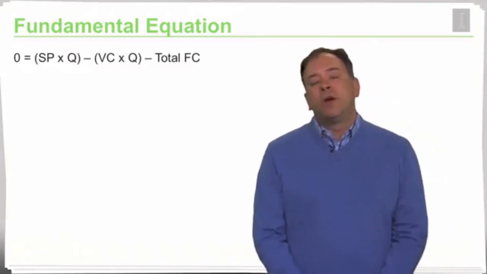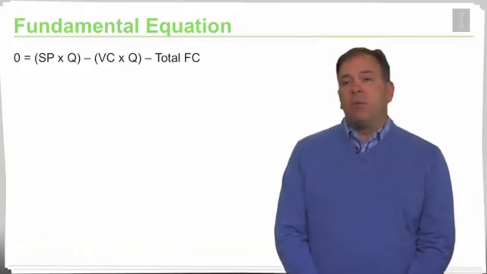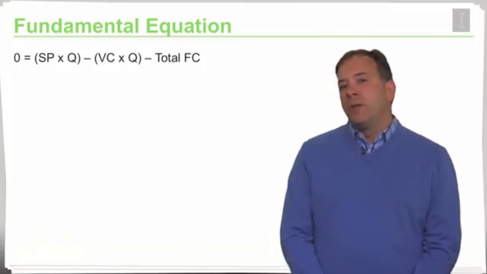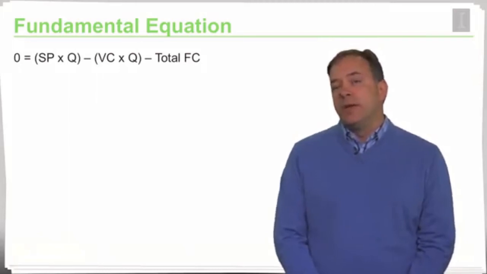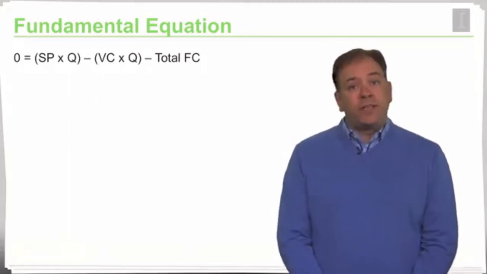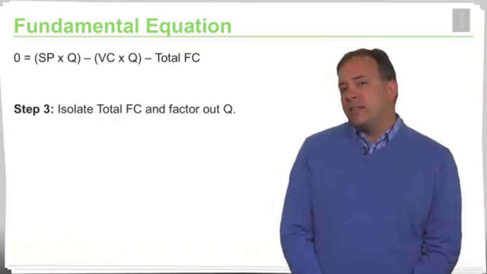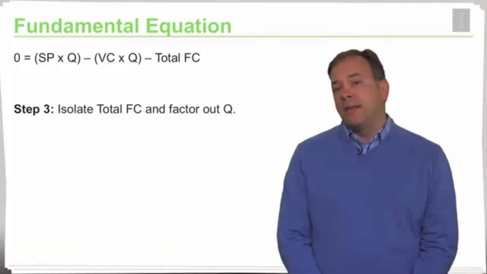Now let's continue reorganizing. What we had was 0 profits, our break-even point, is equal to selling price times the quantity sold, subtract from that the variable cost per unit times the quantity sold, and subtract further total fixed costs. Let's isolate fixed costs because that's a total figure, and factor out the Q or quantity.